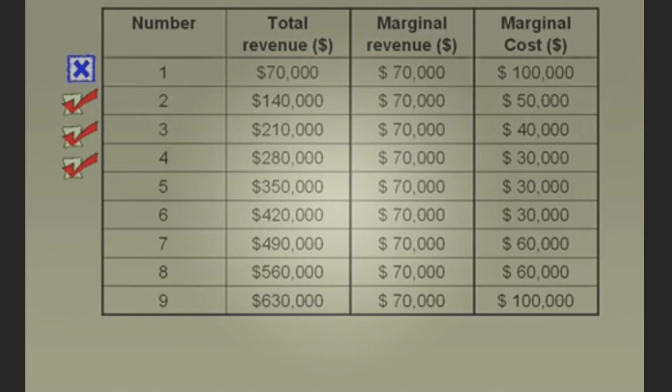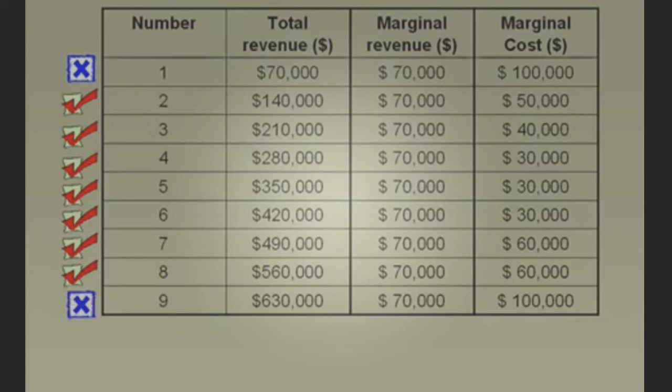3 units could work. Marginal revenue greater than marginal cost. 4 units will work. 5 units works. 6 units works. 7 works. 8 units still works, because if you look, the incremental revenue is 70,000, but the additional cost is 60. 9 units?